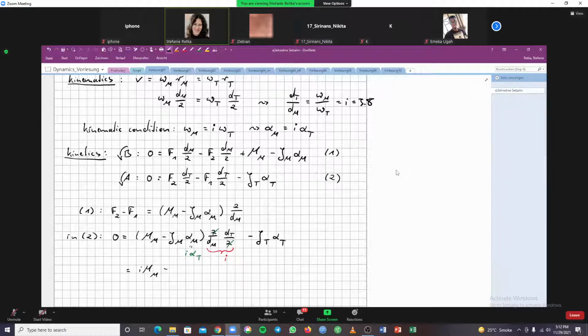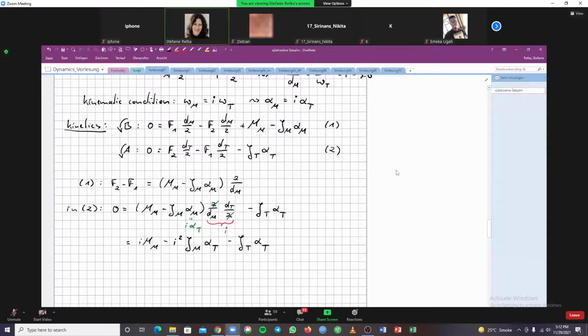And this is I squared Jm alpha t minus Jt alpha t. And now we can solve this equation for the angular acceleration of the drum.